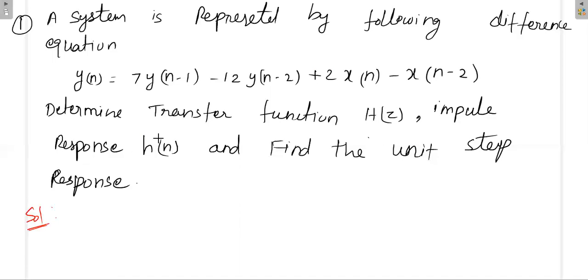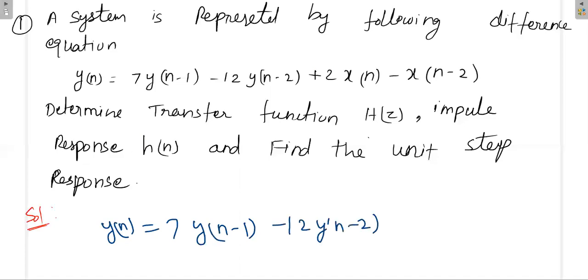Before finding h of n, we have to find H of z. So y of n is equal to 7 y of n minus 1 minus 12 y of n minus 2 plus 2 x of n minus x of n minus 2. Now take the y component on one side and the x component on the other side.